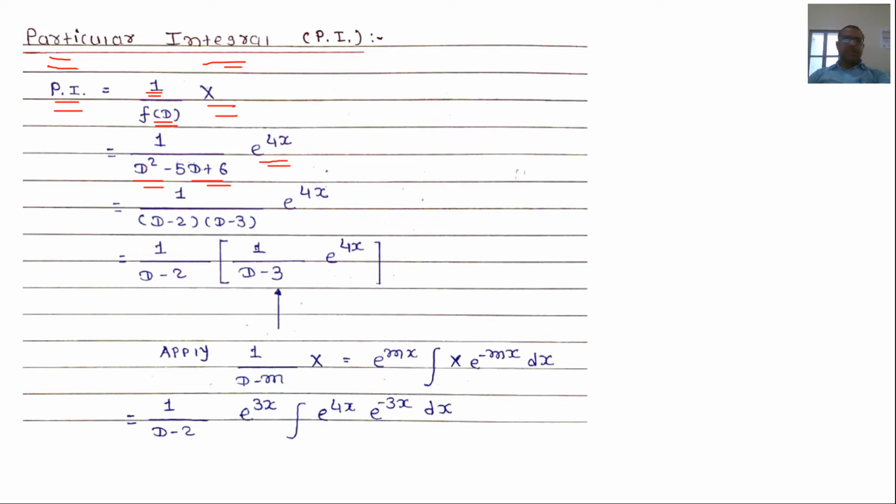Factorizing D square minus 5D plus 6, you will get D minus 2 into D minus 3. From this step the general method starts.